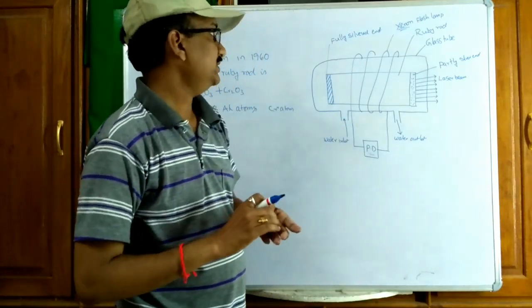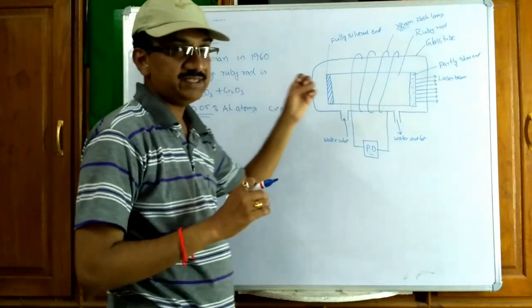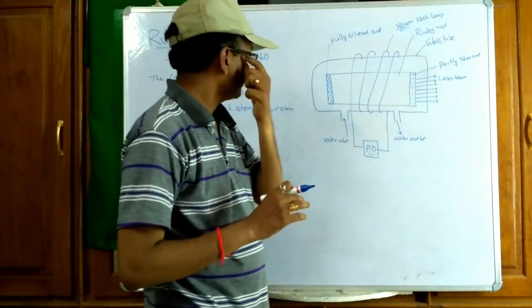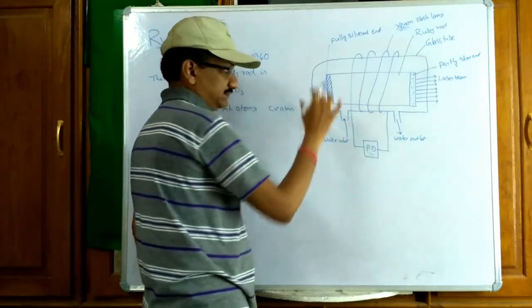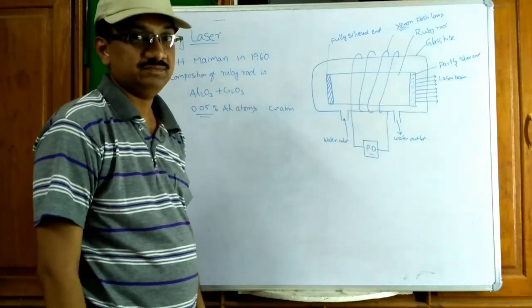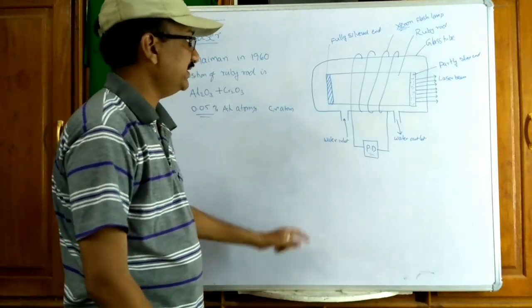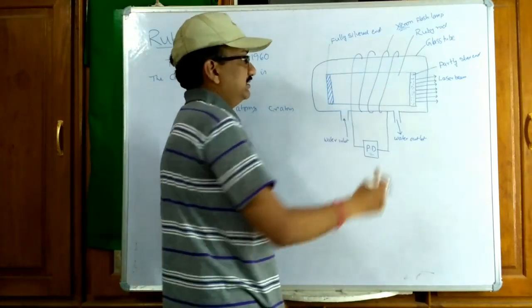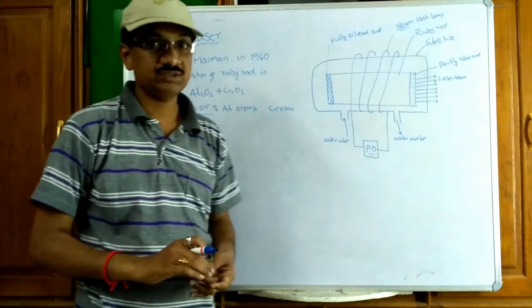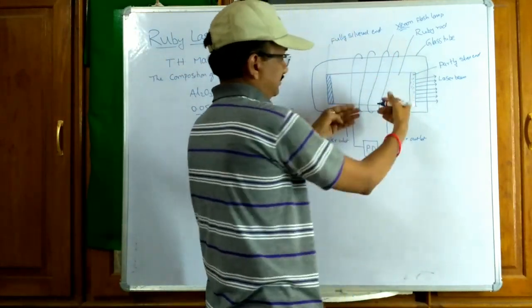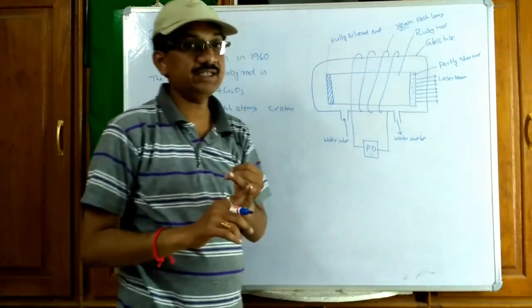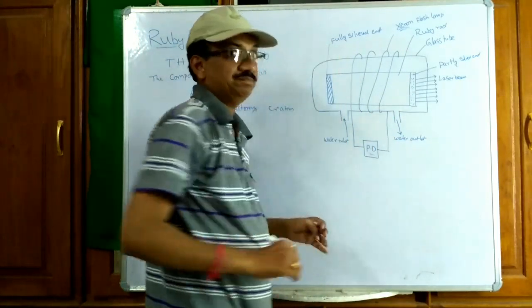Now let us check the functionality of this apparatus. Whenever we switch on this device and apply the potential difference, the xenon flash lamp glows. Whenever this lamp glows, it supplies light energy to the active medium.